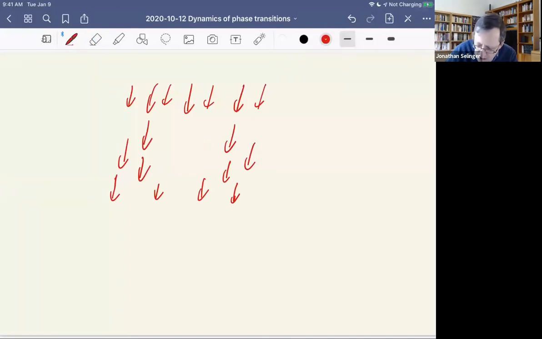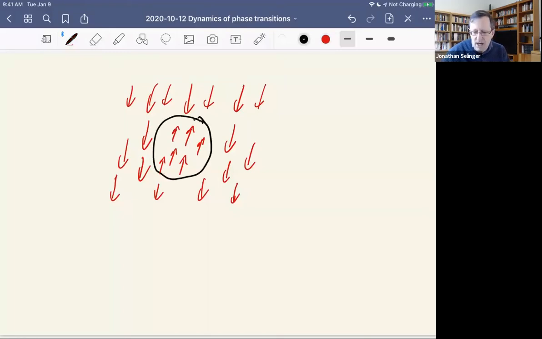So suppose we wait for a big fluctuation to come along so that we flip a lot of them. Then there's a kind of boundary between what is in the original direction and what is in the new favorable direction.